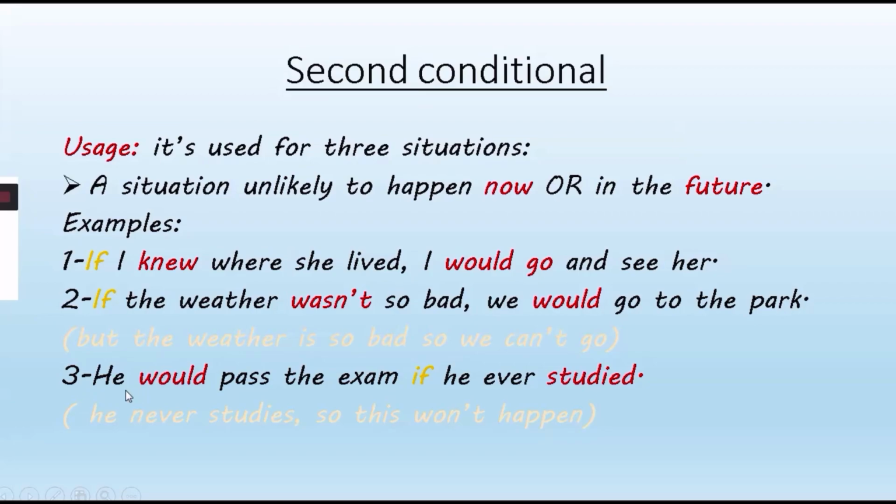I put the main clause initially. He is the subject, would is the modal, then followed by the base form of the verb. Then if, when it comes in the second part of the sentence, it replaces the comma. He is the subject and studied is the verb. Now what tense do we have? It is a past tense, okay?